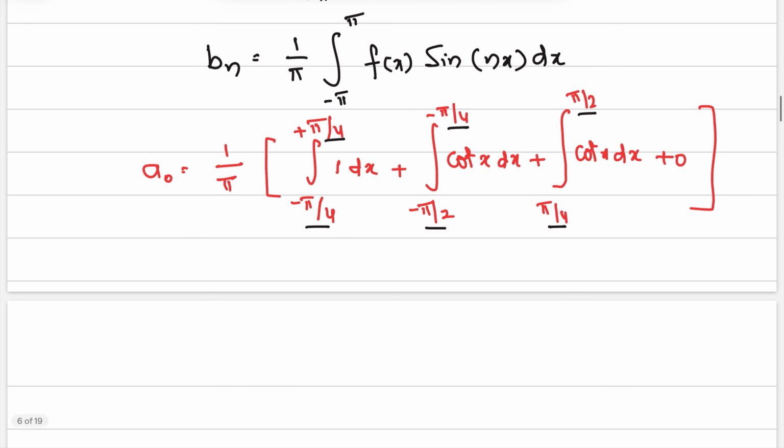Now you just see, here cot x, is it an even function or an odd function? It's an odd function.